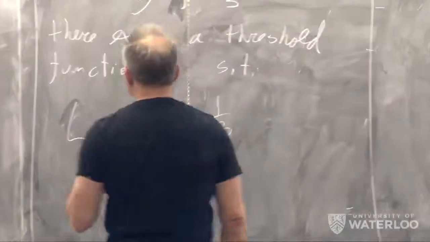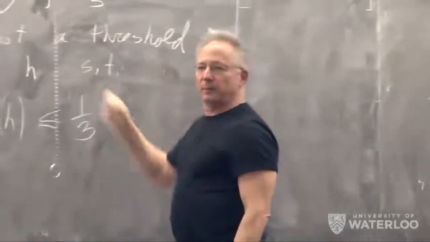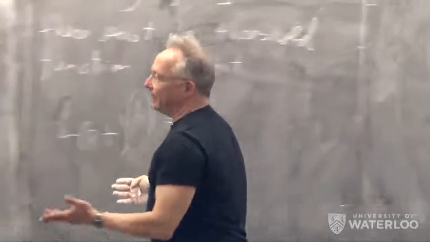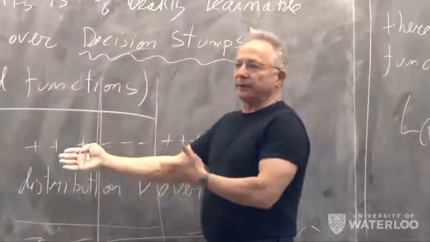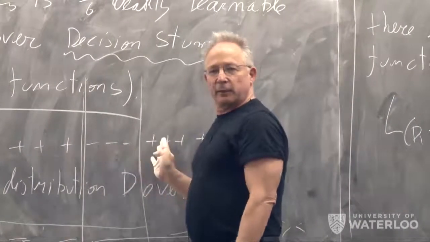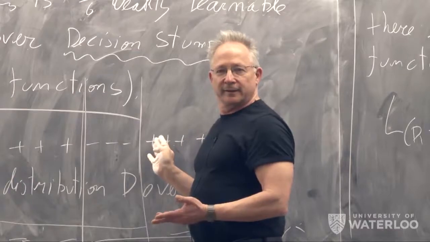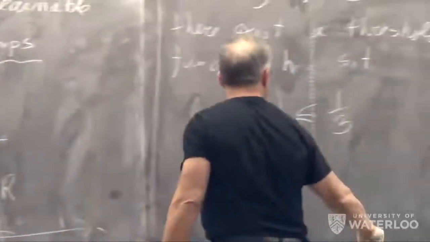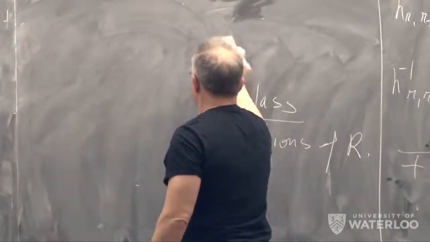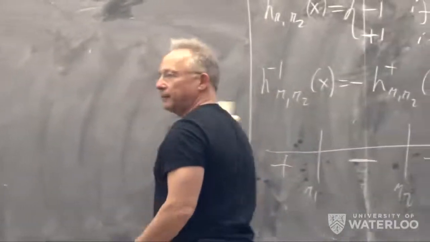But there is always a piece that weighs at most a third, because I divided my line into 3 pieces. So for every distribution and every such partition, there will be one piece that weighs at most a third. Therefore I can choose a threshold that will only err on this piece. Okay, so let me write it.